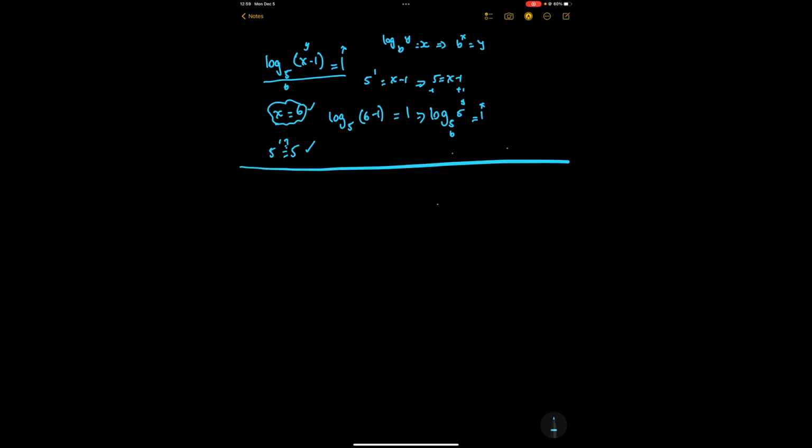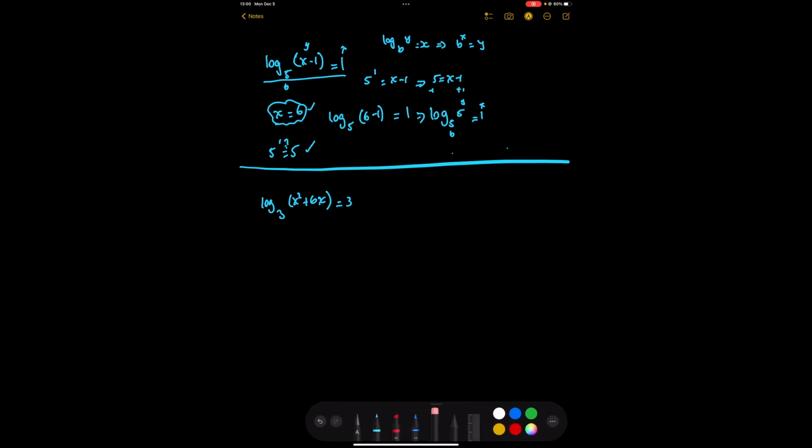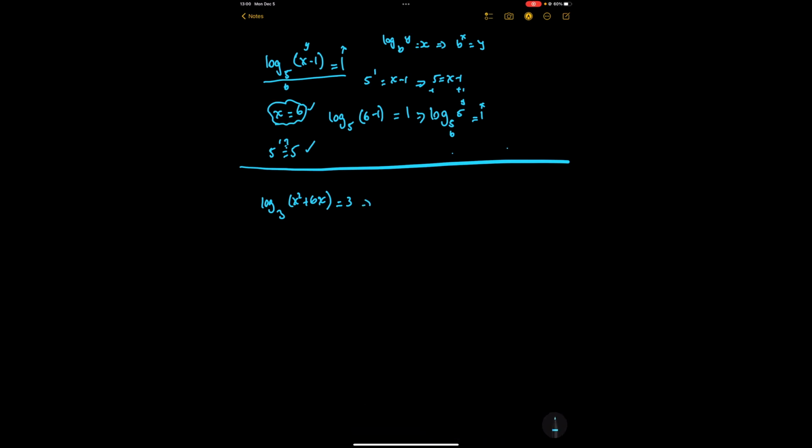Let's do another one, a little bit more fun. Let's say we have log base 3 of x squared plus 6x equals 3. What would that be? We already know it's going to be 3 to the power of 3 equals x squared plus 6x.